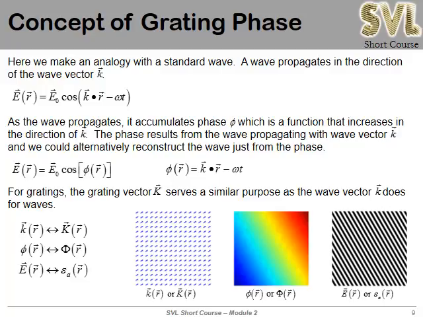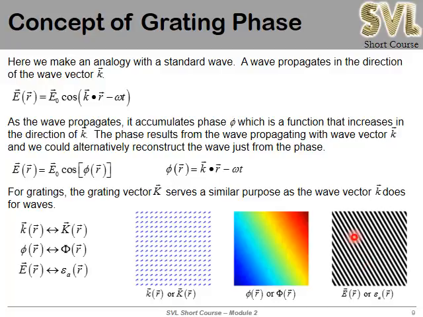We could also think of our wave in terms of this phase. So here we're looking at a phase function, and we can see, yeah, okay, as the wave is propagating from lower left to upper right, it is accumulating phase, so that phase function increases in the direction that the k's are pointed. And then if we calculate cosine of phi, we can see our wave.